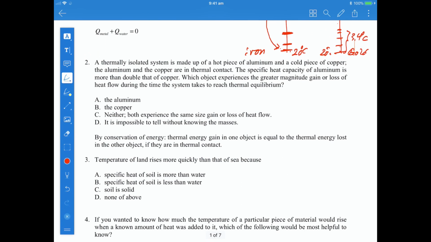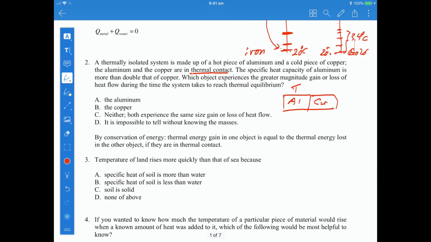Number 2. Now they are in thermal contact, so it doesn't matter the specific heat, as long as the two pieces of metals are in thermal contact. It doesn't matter which one is higher temperature, which one's lower temperature.